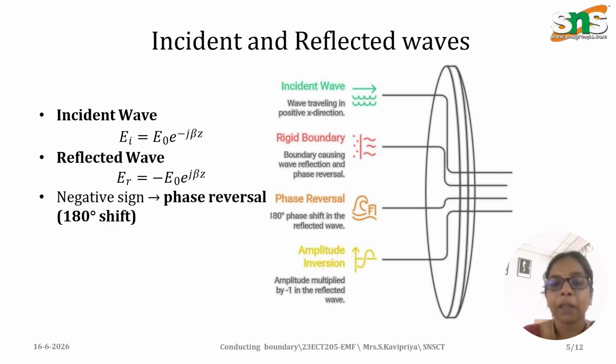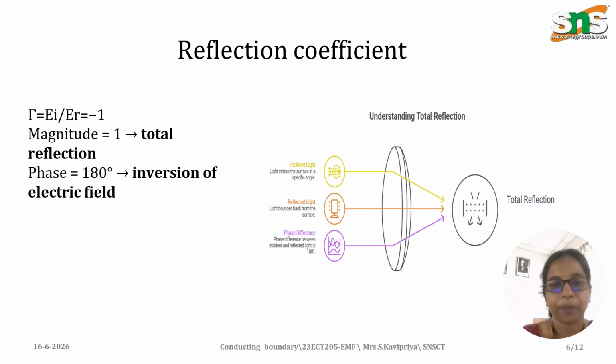There is a negative sign indicated over here, and a phase reversal of 180 degrees happens. That is the difference between the incident and the reflected wave. Incident wave travels in the forward direction, and in case of the reflected wave there will be a 180 degree phase shift, and the amplitude will be multiplied by the negative sign, which is nothing but -1.